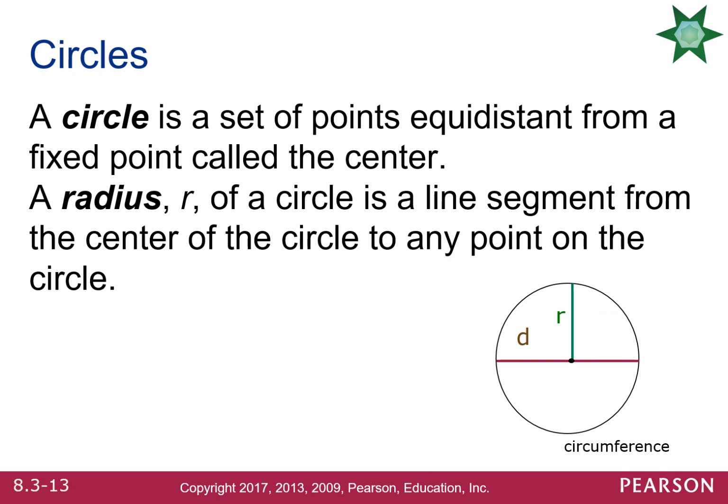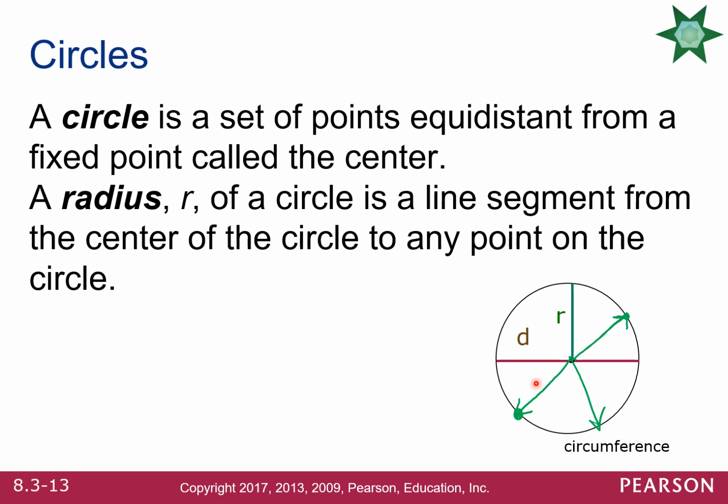Here we have the radius denoted as r, but the radius can be anywhere from the center to the circumference. This is the radius, this is the radius. If you draw another line from the center to the circumference, this is the radius, and the length of the radius will always be the same for any circle.